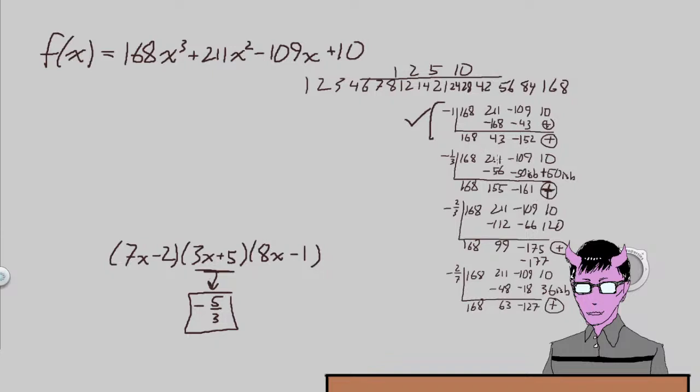And now, hopefully, you can see where the problem arises, right? You see how this is a negative 1, which is positive. This is also positive. So this is actually not informative at all. Wonderful. Truly, truly tragic. So this is negative 2 1/3.